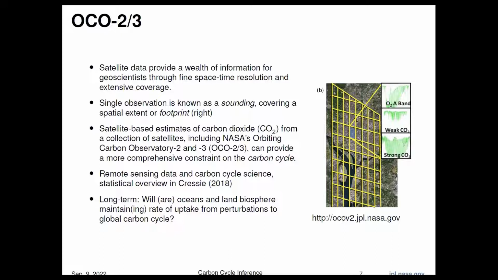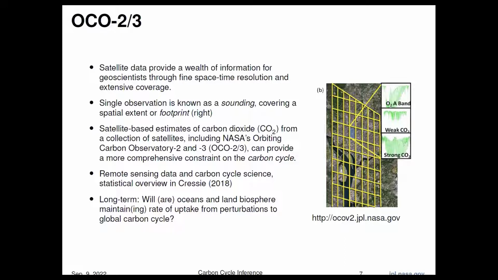As the figure shows, for each one of these footprints, we get the spectrum of radiances at different wavelengths, and we have that for each footprint as OCO2 observes. Sometimes these single observations are called a sounding, and the spatial extent is called a footprint.